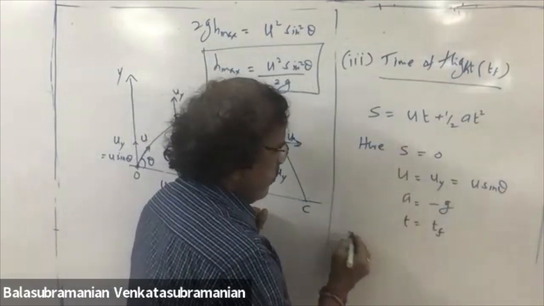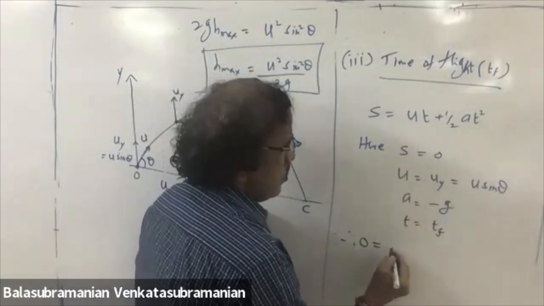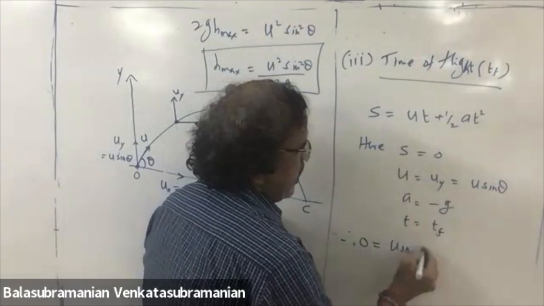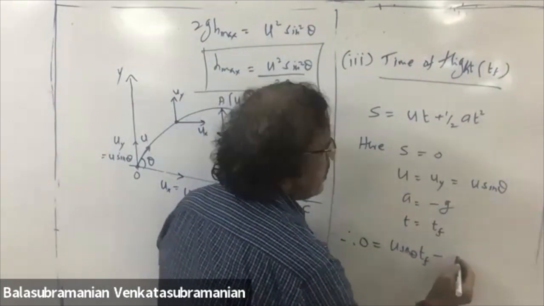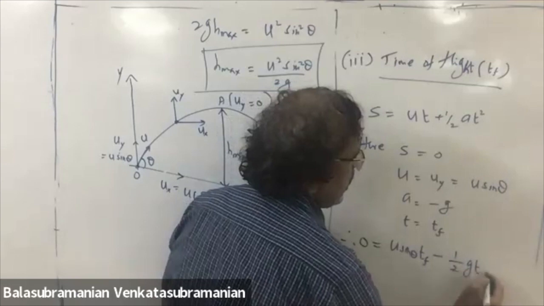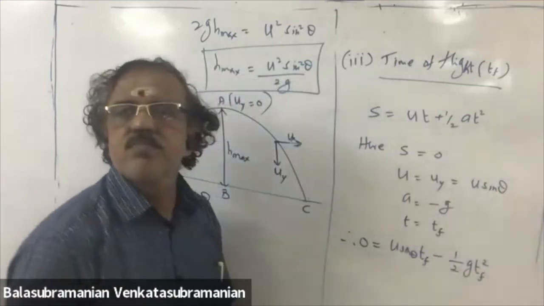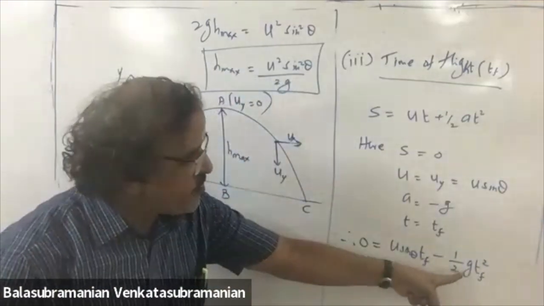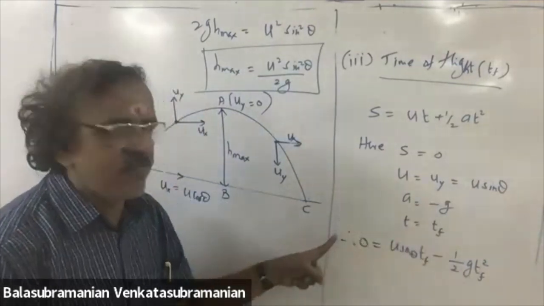Right? Therefore, 0 is equal to u sin theta into TF minus half g TF square. Minus half g TF square, you bring it to the left hand side.